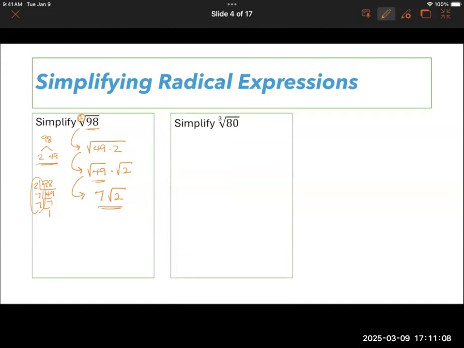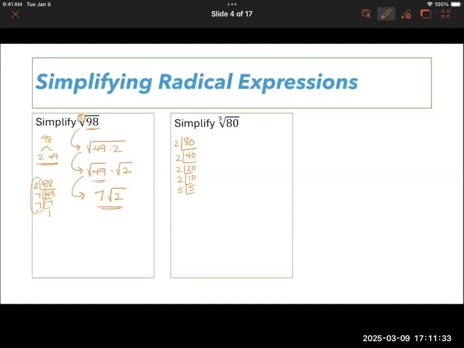Now we can do this with any roots. For example, if we have the cube root of 80, in this case, I may want to break this down a bit. So I'm going to use inverted division. And 2 is always a nice, easy prime number to divide by. So I'm going to do that for as long as possible. And then I get a 5.